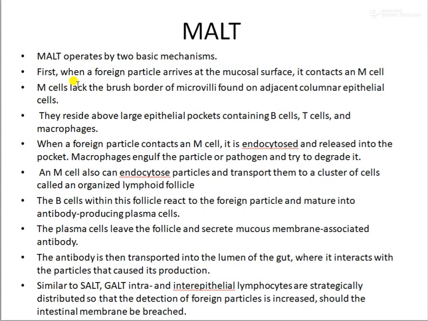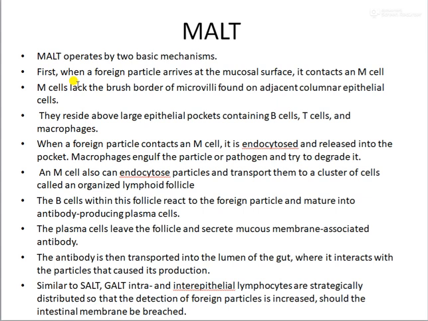An M cell can also endocytose particles and transport them to a cluster of organized cells called the lymphoid follicles. The B cells in these follicles will react with the foreign particle and mature to form antibody producing plasma cells. The plasma cells will leave the follicle and secrete mucous membrane associated antibodies, the secretory antibodies.